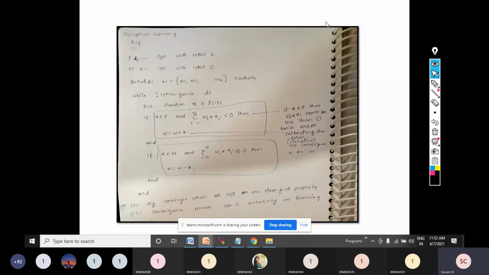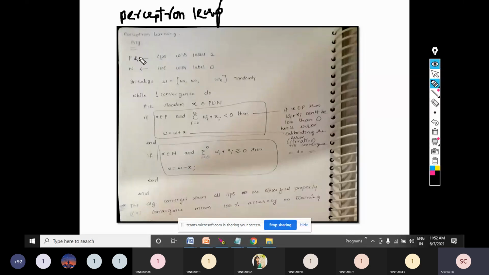In the standard textbook, the author uses the words perceptron training rule. Perceptron training rule or perceptron learning algorithm, both are the same.